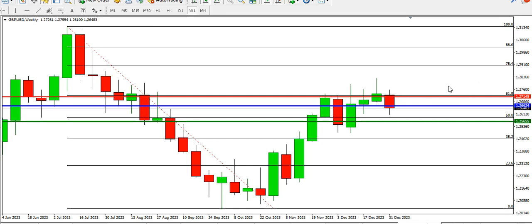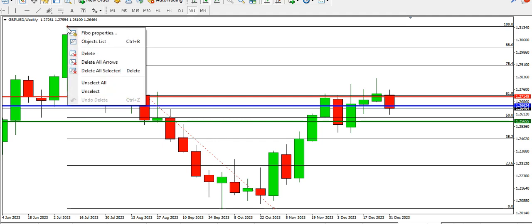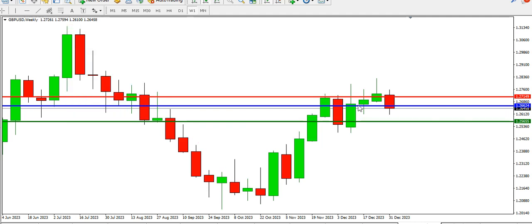Price got to around the 61.8 Fibonacci level, and price is trying to backtrack. So we might want to wait for the breakout of this range.